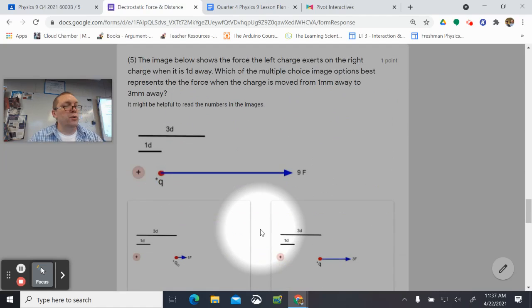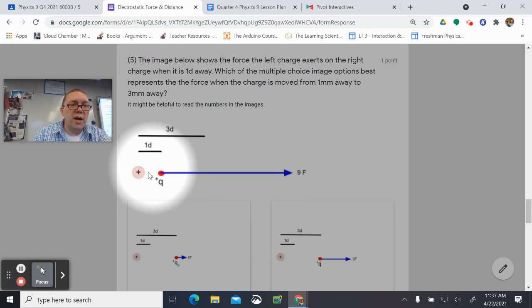And now when we look at this one, it is strange. I was trying to come up with a way to show this with force arrows. This one in the past, last quarter, we had to spend some time looking at. So what I'm trying to say here is that we have this charge and this charge that are interacting.